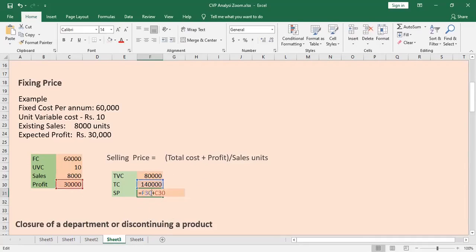To calculate the sales price, you have the sales value divided by the number of units you are going to produce, that is 8,000. So you are getting 21.25. This is child's play, nothing big to worry about, just the calculation. So when you know all these elements, you can easily use this knowledge to fix the price of a product, right?